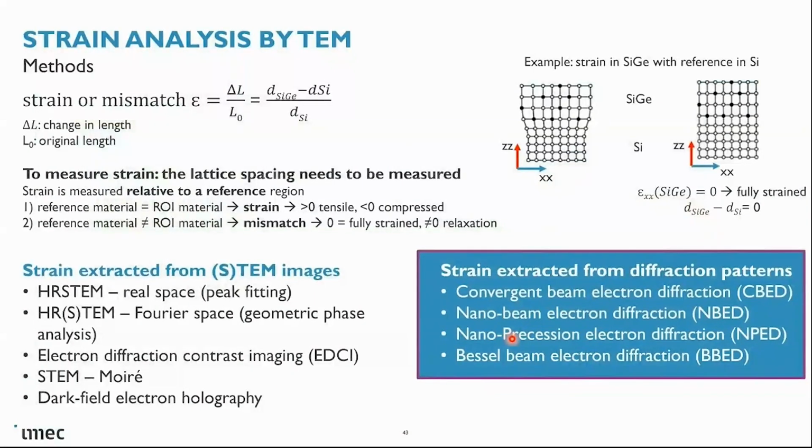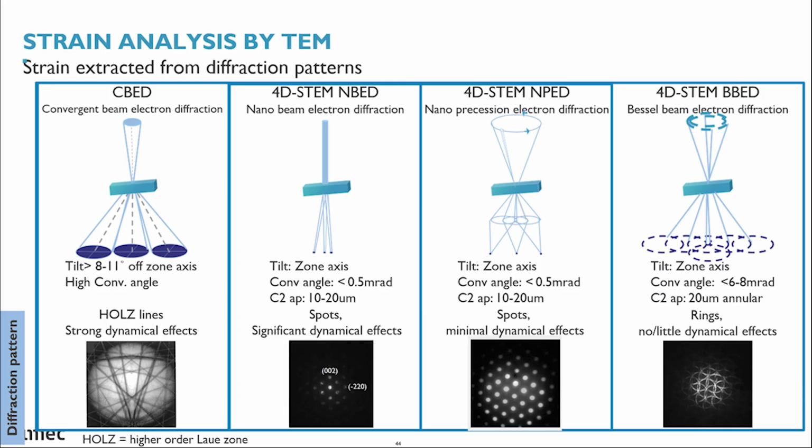So now I will pass to describe strain analysis techniques by extracting strain from diffraction patterns. Historically, one of these is convergent beam electron diffraction, with which strain analysis was developed.